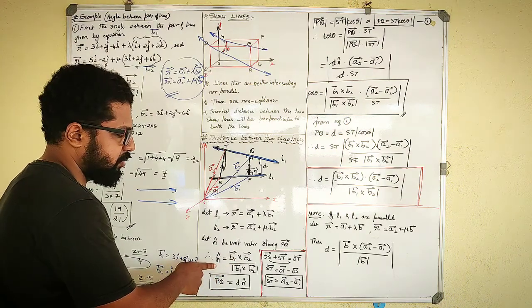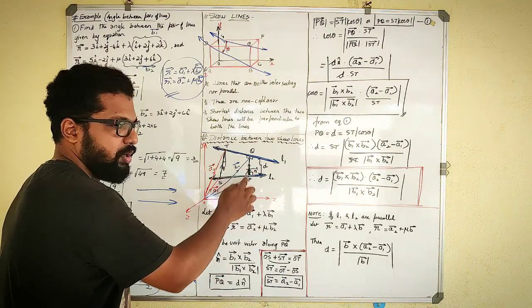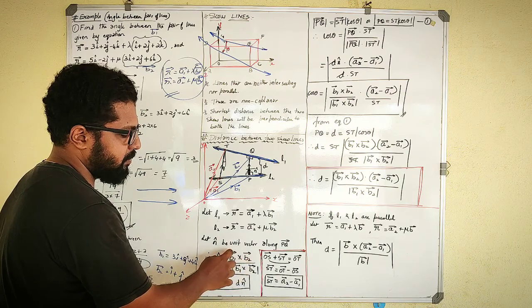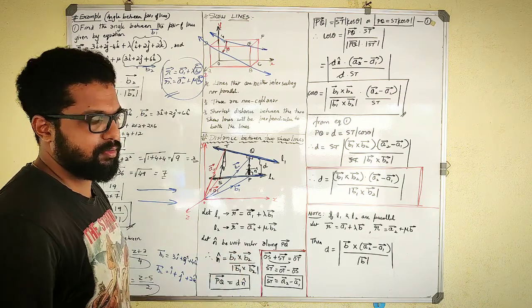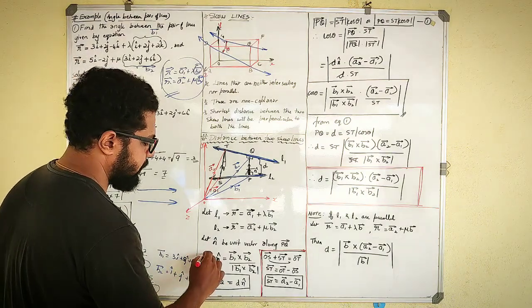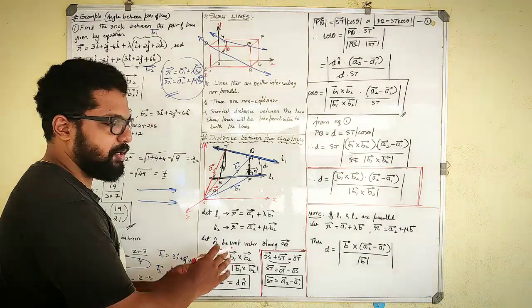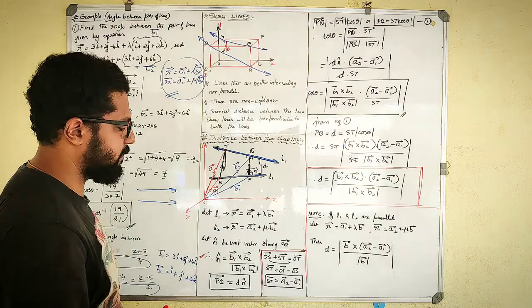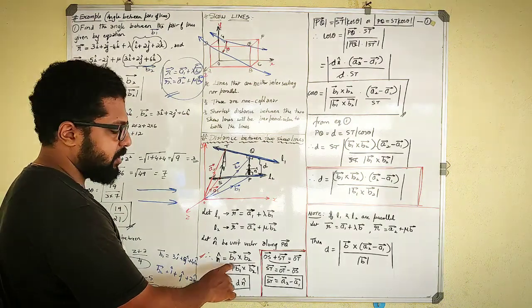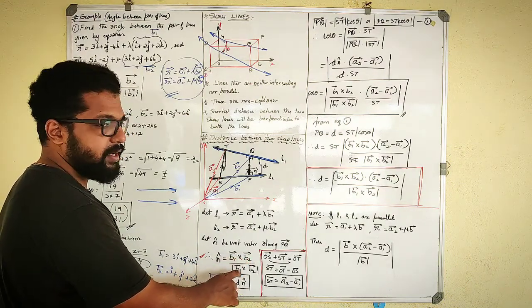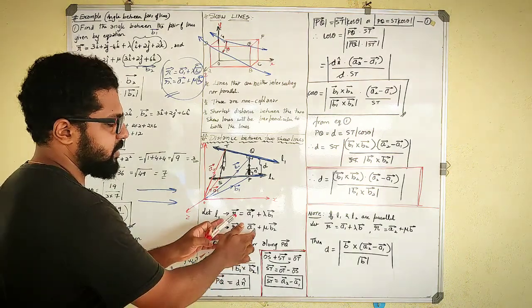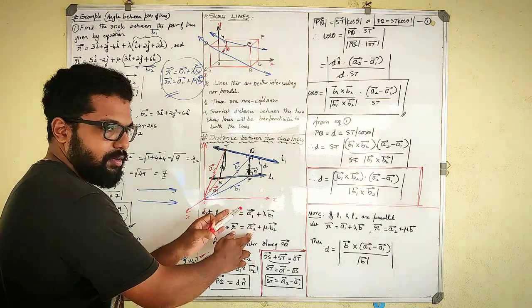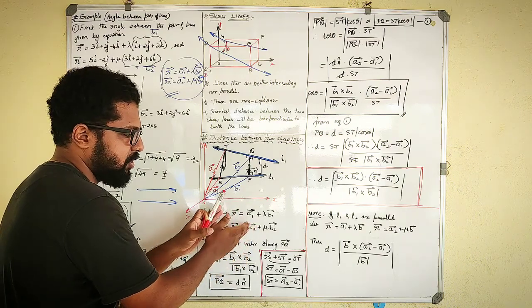Since this is the unit vector along PQ, it is given by B1 cross B2 divided by the magnitude of B1 cross B2. You should remember this formula. This is one important formula to start the derivation with. That is, n cap equals B1 cross B2 divided by the magnitude of B1 cross B2.